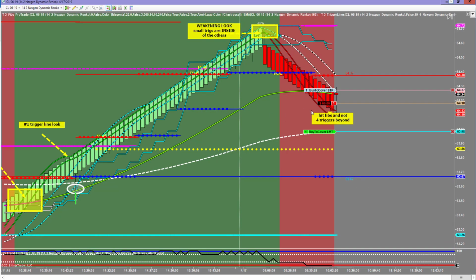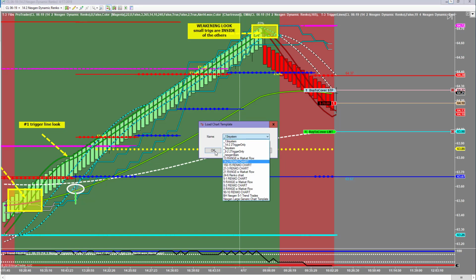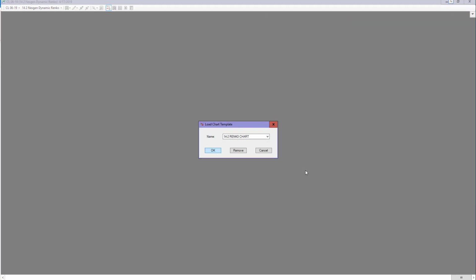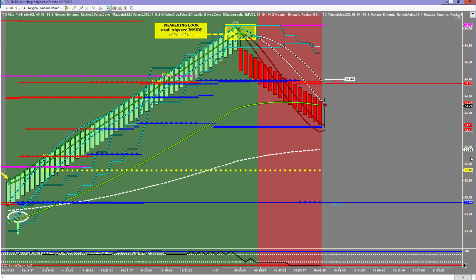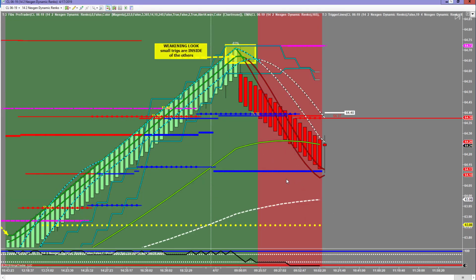Let me revamp this whole thing. Watch, I'm going to put all my indicators back on like they're supposed to be, and then we're going to talk about it again, and you'll see, I guess it just got stopped out. But watch how the rule comes back into play. So this is what you're seeing on your small chart, but again, now it's really graphic.